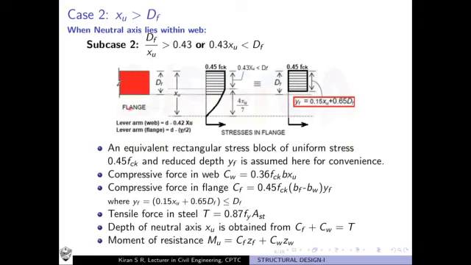Okay, so this is the flange portion, and the depth of flange is given as df. In this subcase 2 we are going to discuss a case when the straight line stress region, that is 0.43 xu, is less than df, which means that inside the flange portion there is a parabolic region also.